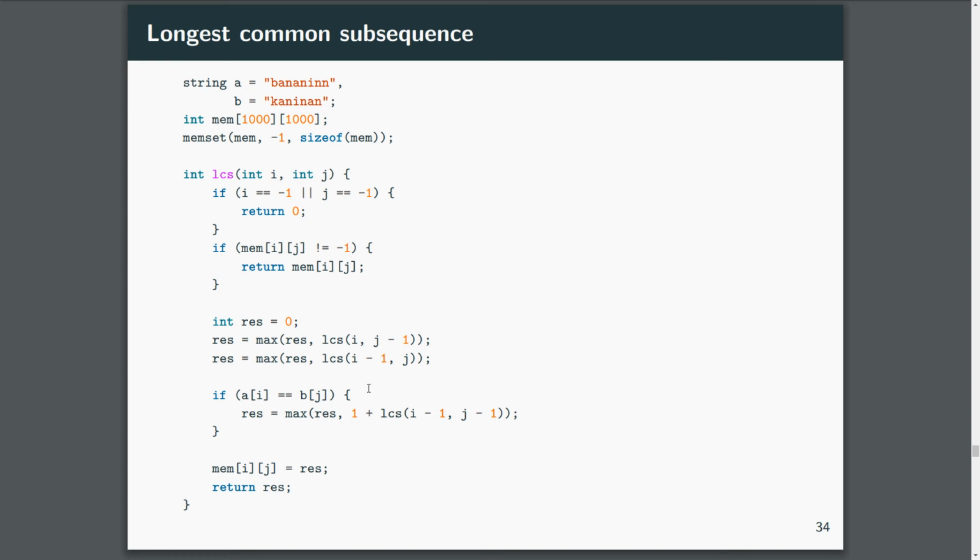The optimal answer could be, for example, jumping 3 times in array B, and then we have a gap of 3 characters there, and then maybe we start matching again. But we are trying all possibilities here.